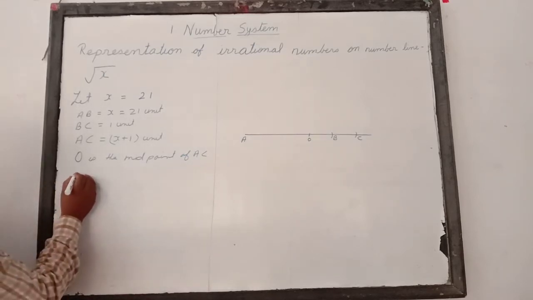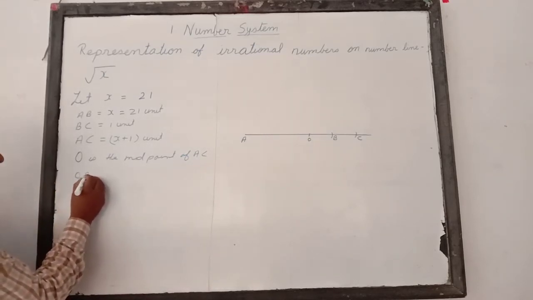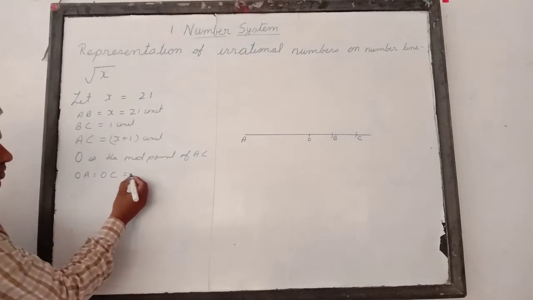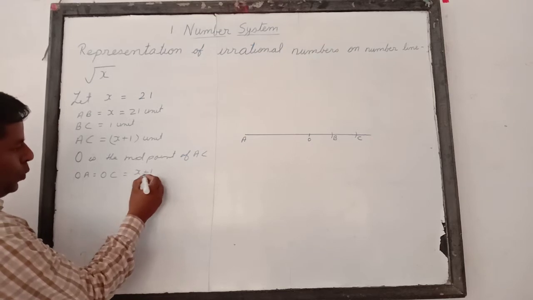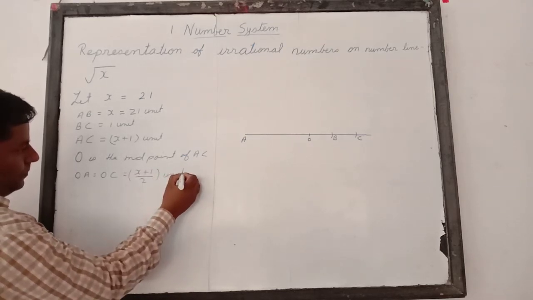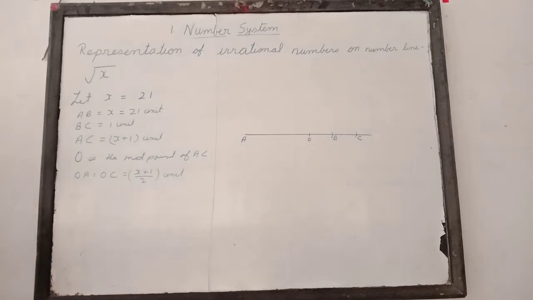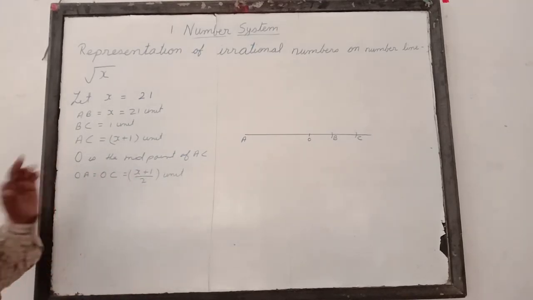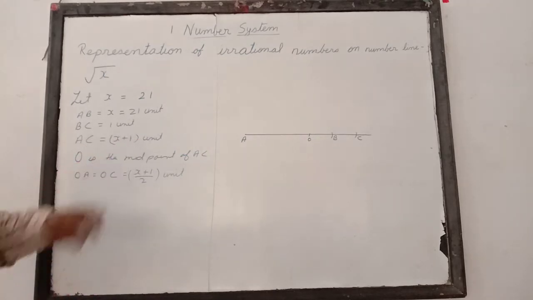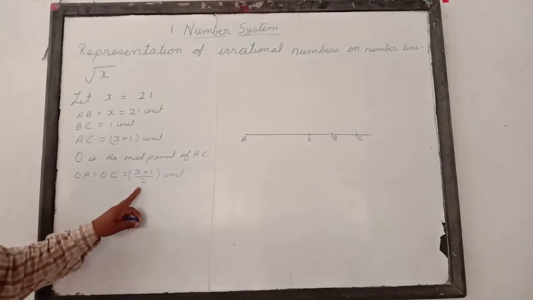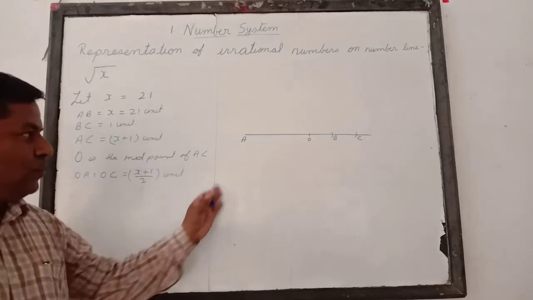That means OA is equal to OC is equal to x plus 1 by 2 unit, because that is half of AC. Since AC is equal to x plus 1, OA is equal to OC is equal to x plus 1 by 2 unit. So next, what can we do?